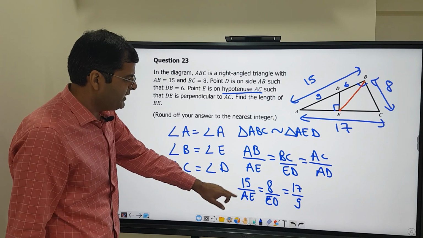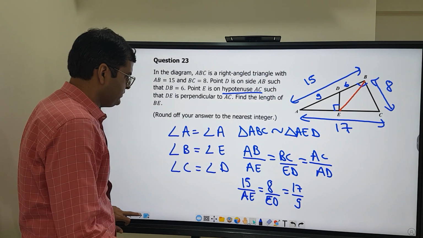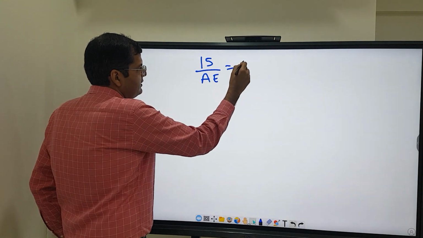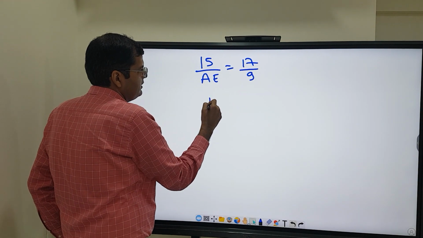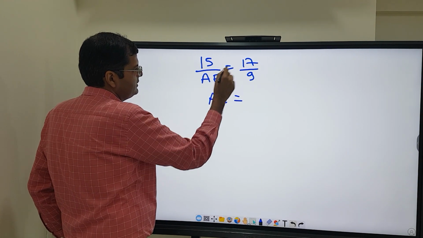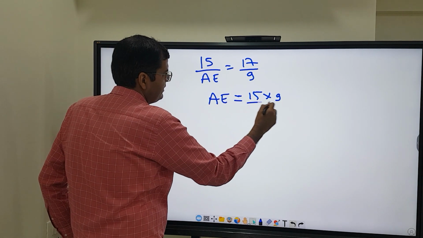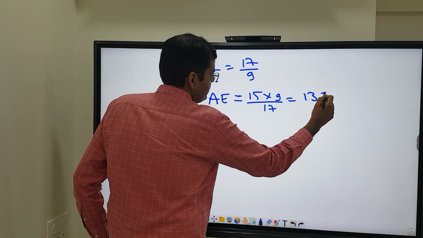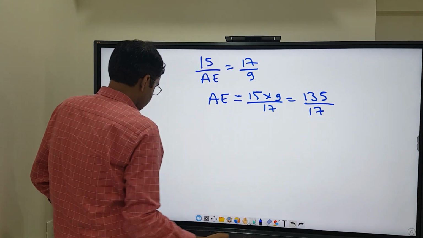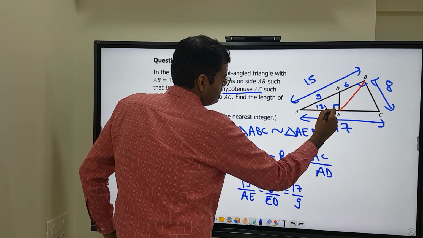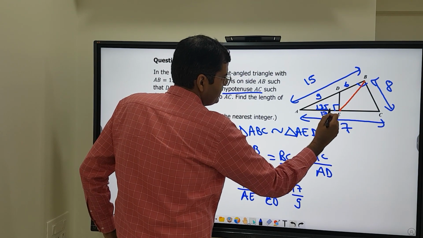So we'll take 15 upon AE is equal to 17 upon 9 first. AE will then be equal to 15 into 9 divided by 17, which is equal to 135 upon 17. So AE is 135 upon 17. This much part is 135 upon 17.